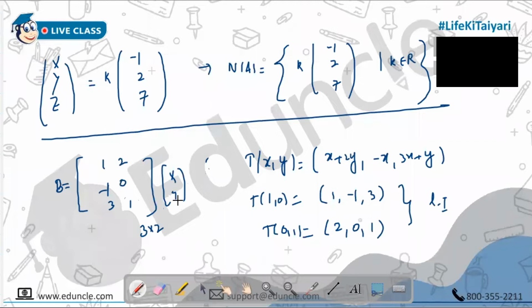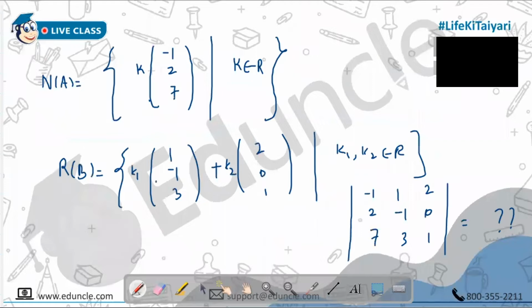1 plus 2y, minus x, 3x plus y, 1, 0, that is 1; minus 1, and 3 0 1, that is 2, that is 0, that is y is 1. Yes sir, then it's minus. Going good, because I have also calculated, so I was not able to get that. So find the determinant of this. What is the determinant of this?